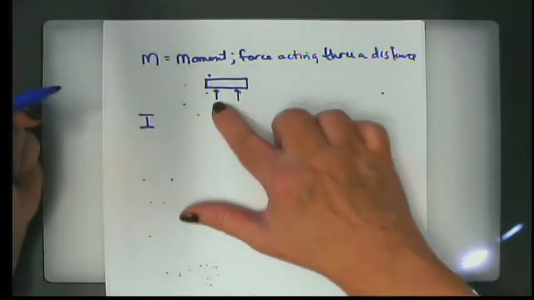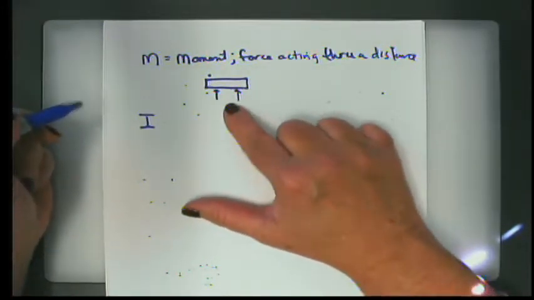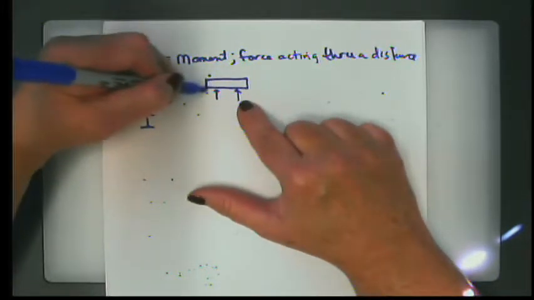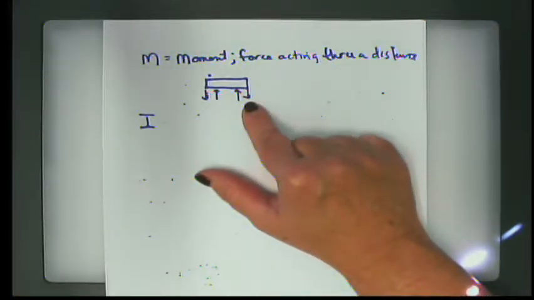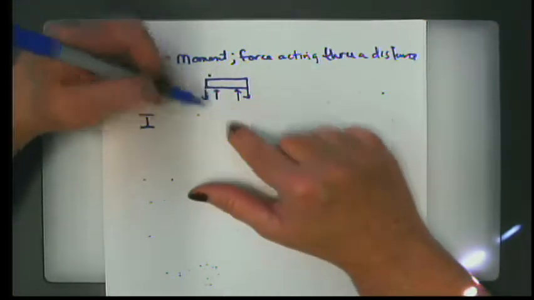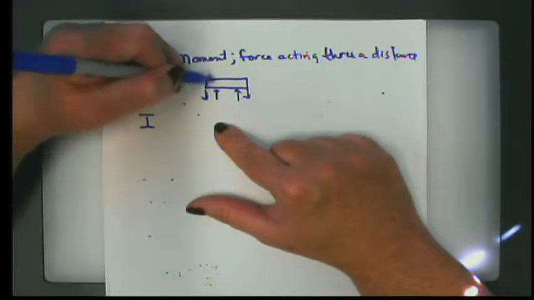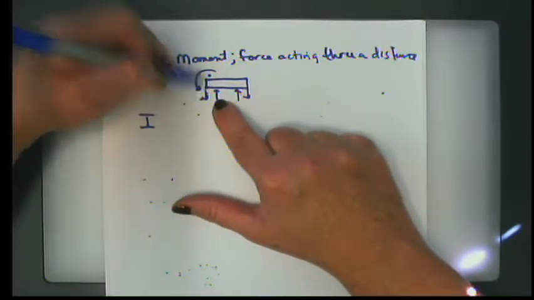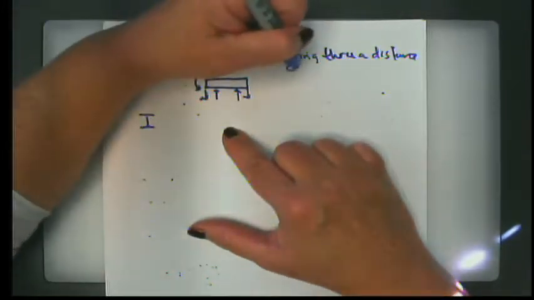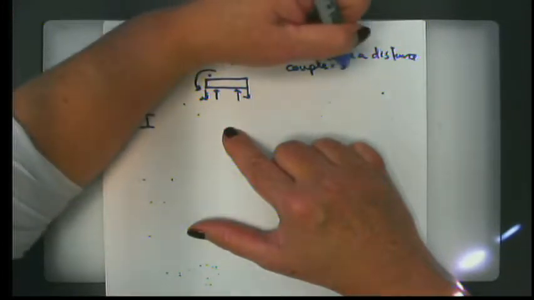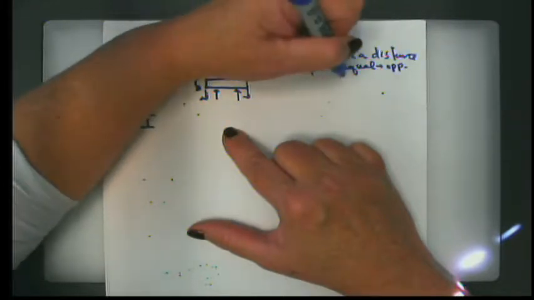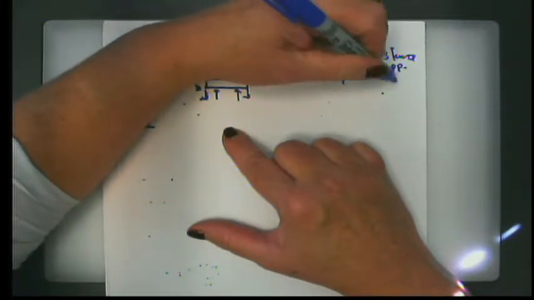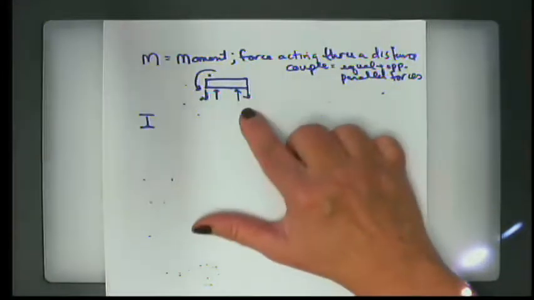If you have a weightlifter who is pushing up with his hands at 2 points on that bar, and the weights are pulling down, and if he or she is symmetrical, you can see that this couple, this is referred to as a couple, write that down, is a tangent, equal and opposite parallel forces. So we'll talk a little bit more about that as well.